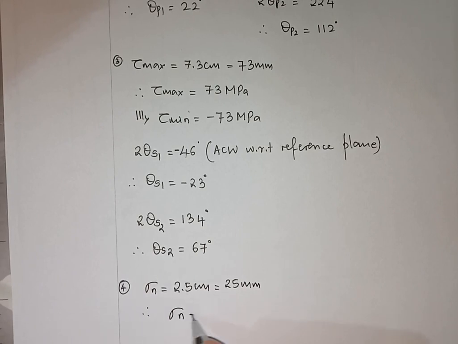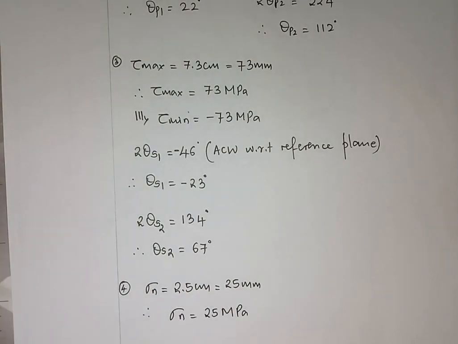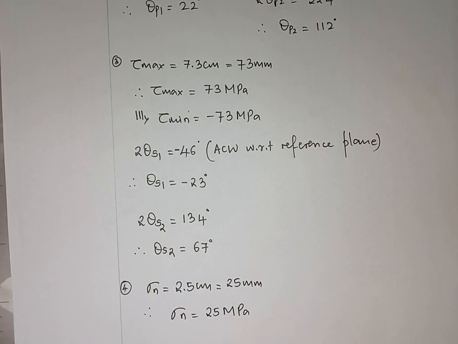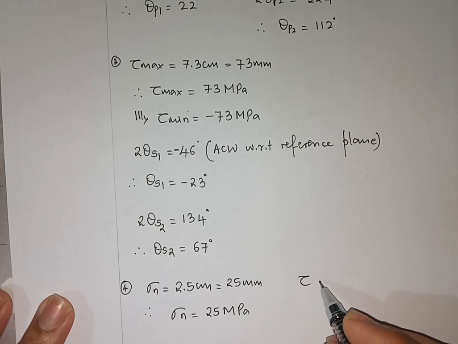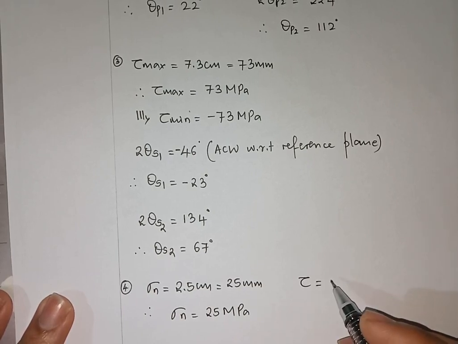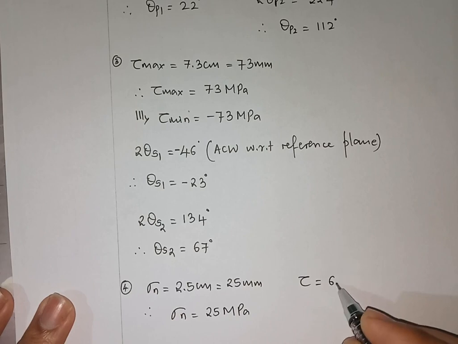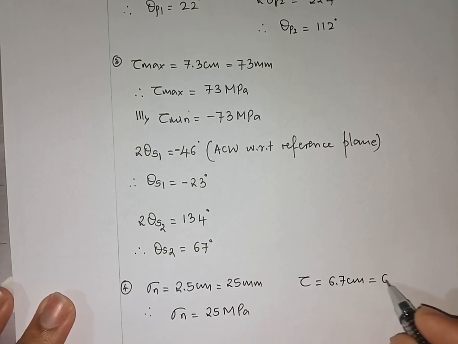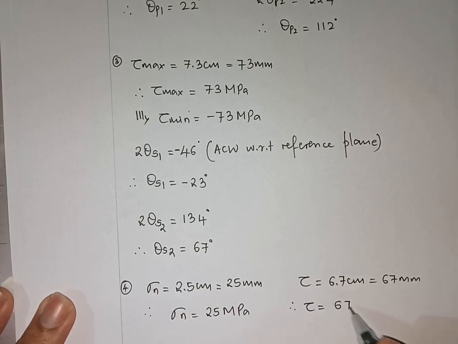Therefore sigma n comes out to be 25 MPa. And just because it is lying on the right side of the origin, it is positive in nature. Now similarly tau is measured as 6.7 centimeter, so that is 67 mm.